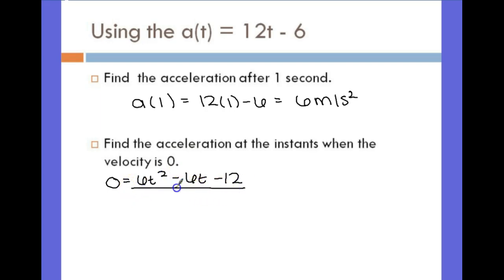The first thing I would do is divide out all of the 6's. And then I can see that it's factorable. You have t squared minus t minus 2.